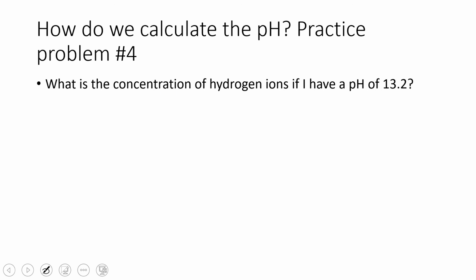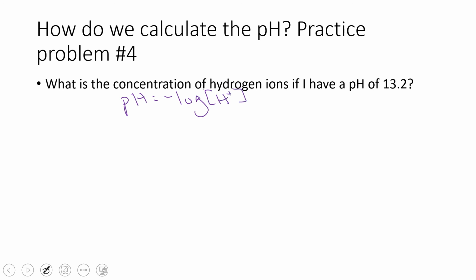All right, so I talked about the fact that sometimes you will have to calculate the pH, but sometimes you're already going to be given the pH. So in this situation, we have: what is the concentration of hydrogen ions if I have a pH of 13.2? We know this equation, pH is equal to the negative log of the hydrogen concentration.